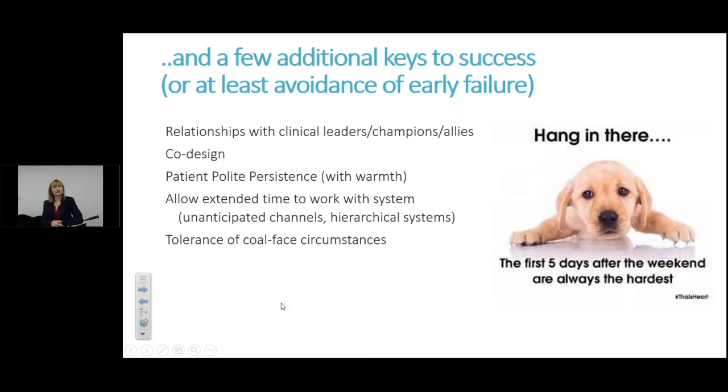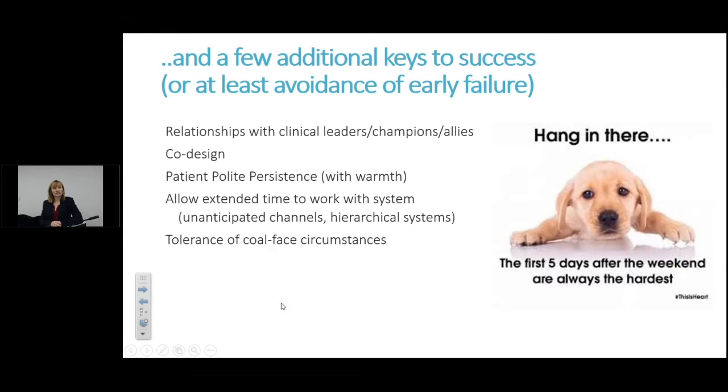And a few additional keys to success, or at least avoidance of early failure, is having good relationships with clinical leaders, people who can act as champions and people who can act as allies in those environments. There's absolutely no substitute for that. Taking a co-design approach, so being always prepared to listen and to work together rather than saying this is the way it should be done.